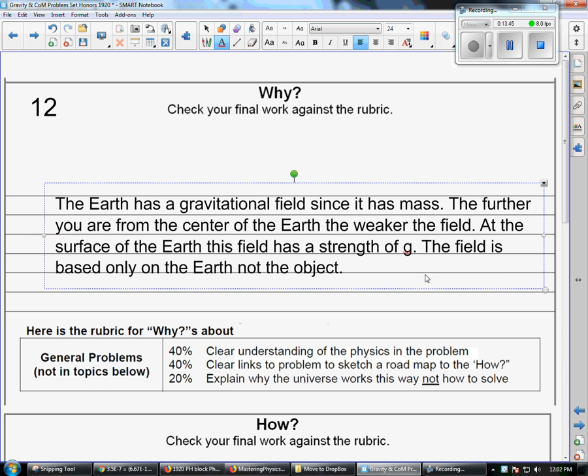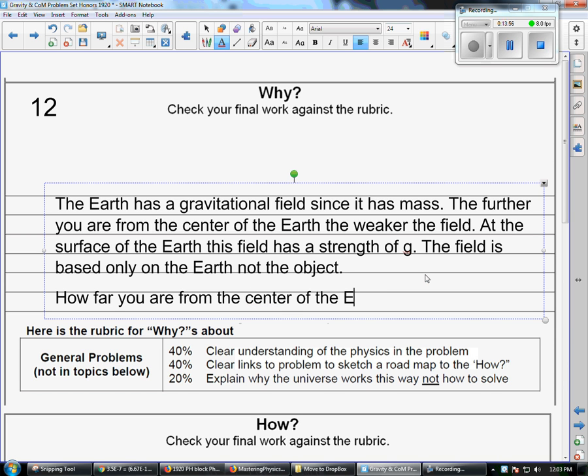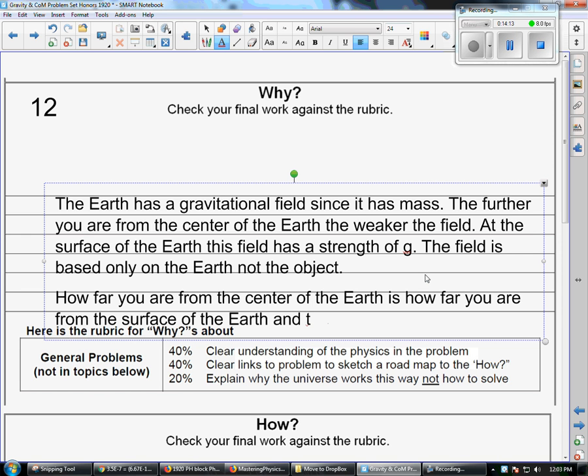I think I'm going to add another line in here. How far you are from the center of the Earth is how far you are from the surface of the Earth and the radius of the Earth.